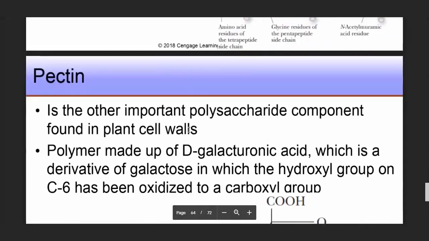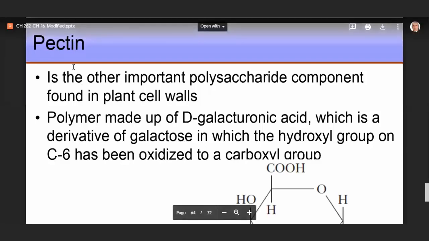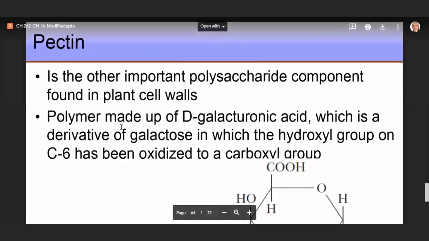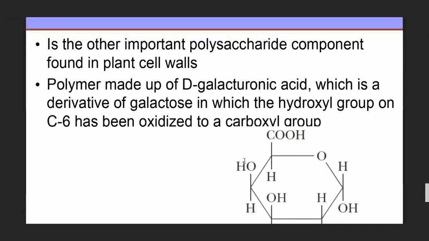Now we come to the so-called pectin. Plant cell walls consist largely of cellulose, but the other important polysaccharide component found in the plant cell wall is called pectin. Pectin is a polymer made up mostly of a compound called D-galacturonic acid.